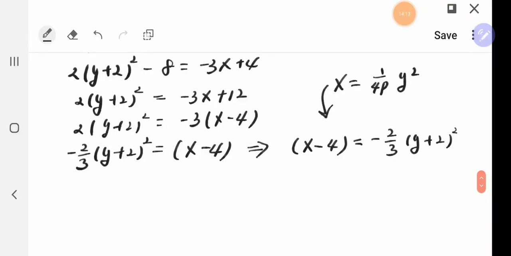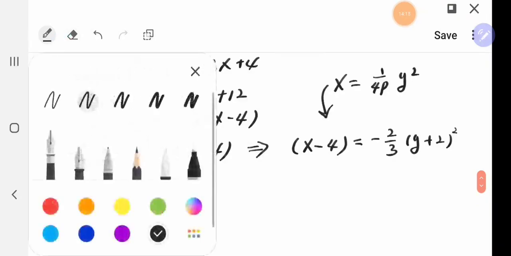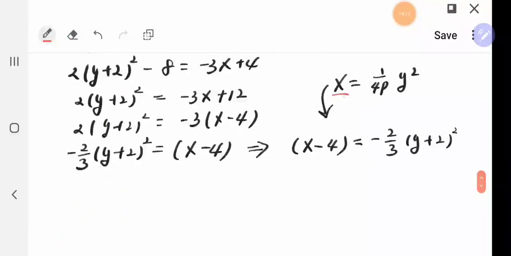As you compare this, x is replaced by x minus 4, and the y variable is replaced by y plus 2. So from this the vertex is 4 and negative 2.